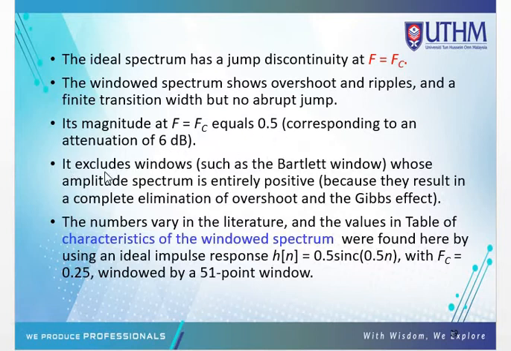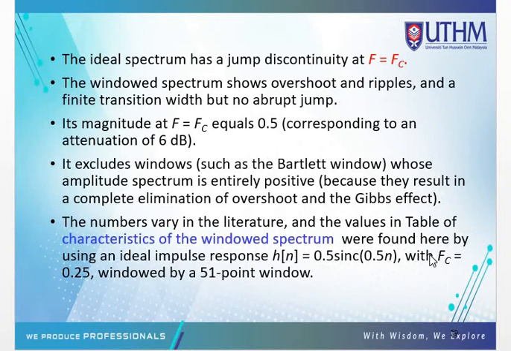And then it excludes the window whose amplitude spectrum is entirely positive and results in complete elimination of overshoot and the Gibbs effect. And the last one is that the numbers vary in the literature, and the values in the table of characteristics of the window spectrum were found here by using the ideal impulse response.